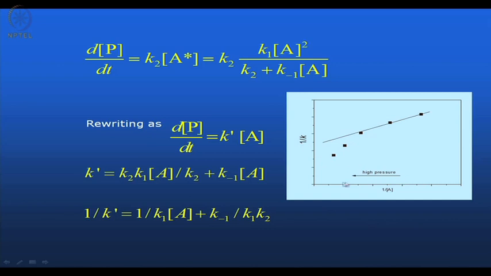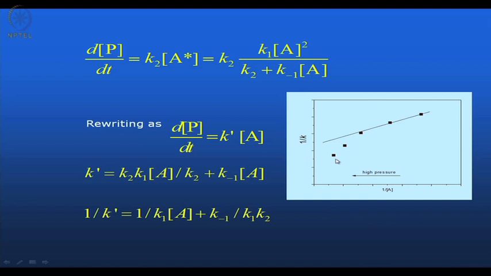So, this side is the high pressure side. Pressure is increasing means 1 by A is decreasing, so this side is the low pressure side, and high pressure this way. In the low pressure region this is linear, but in the high pressure region it starts to deviate.